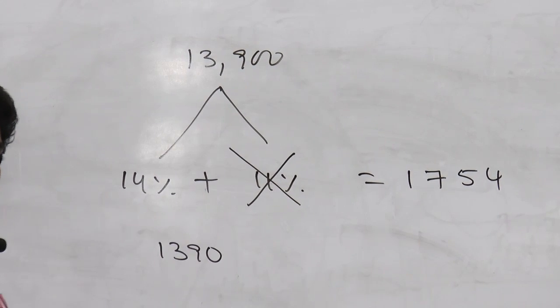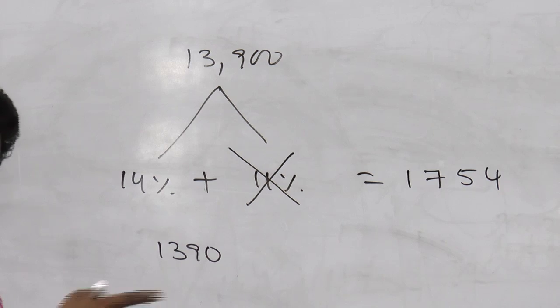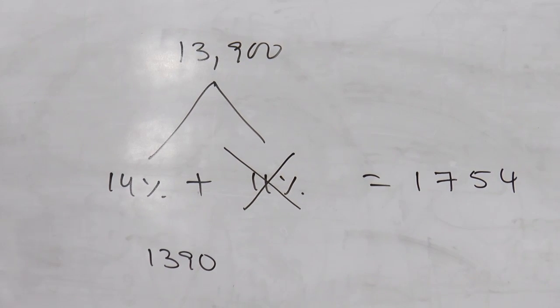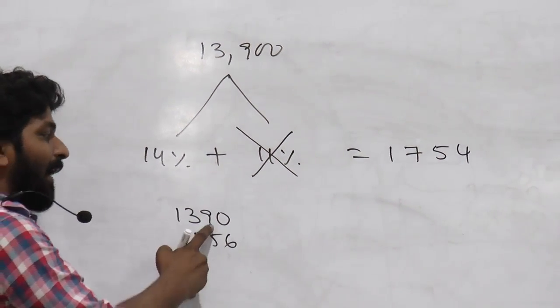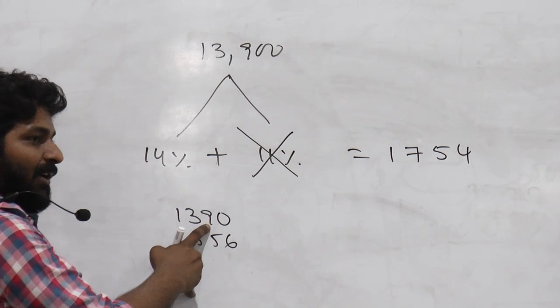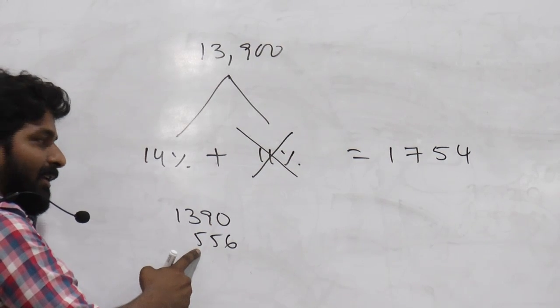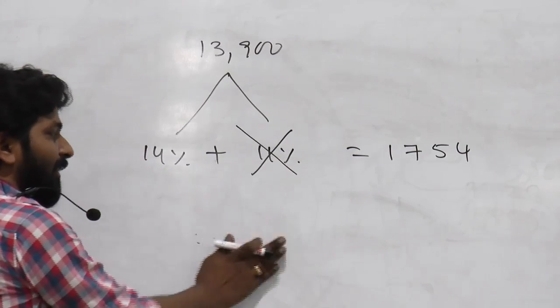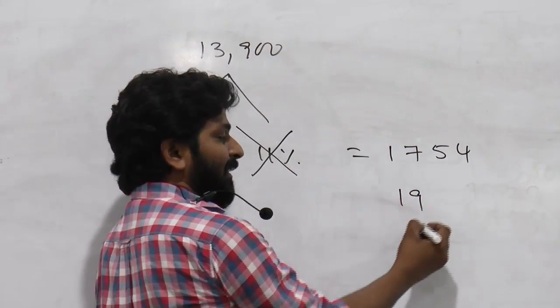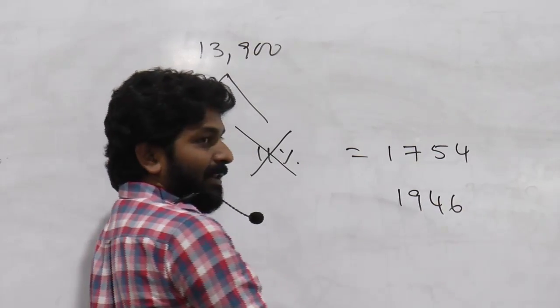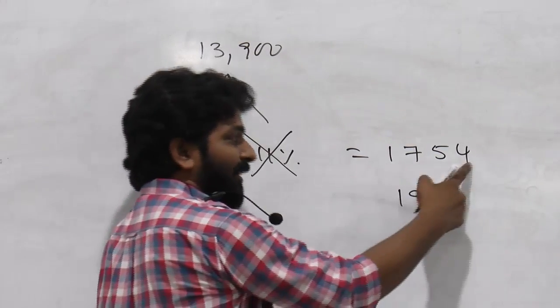Instead of 139 into 4, let's go for 140 minus 1 into 4. 140 times 4 is 560, minus 4, 556. Add 1390 here, you have 1946. If the total amount is given for 14%, you will get 1946. But the interest given in the question is 1754.